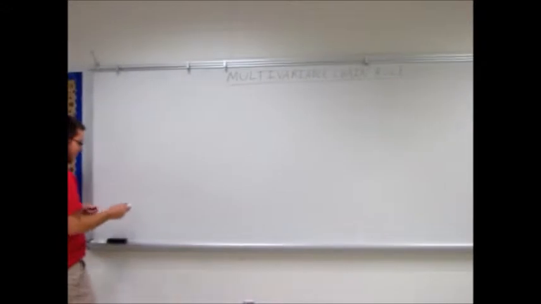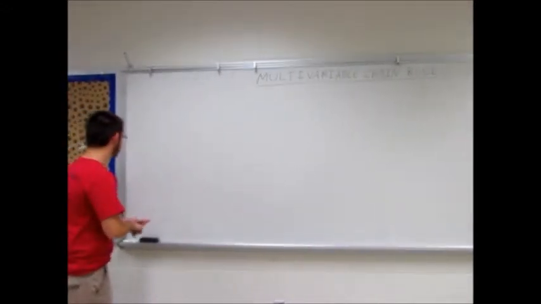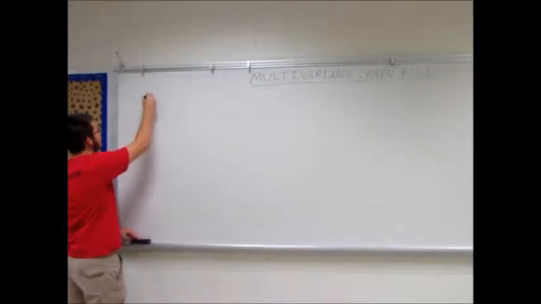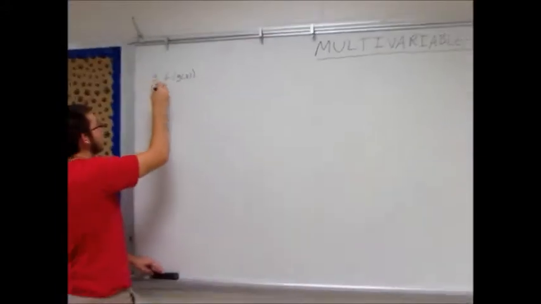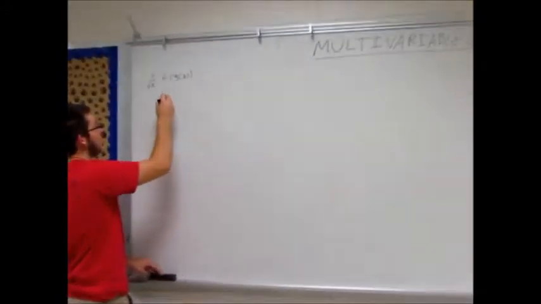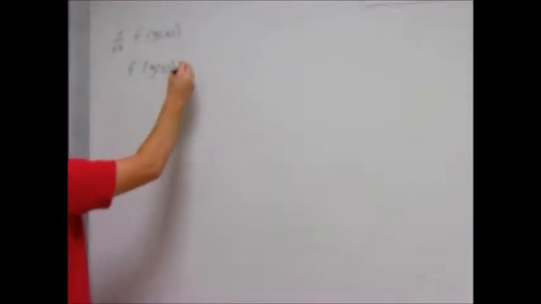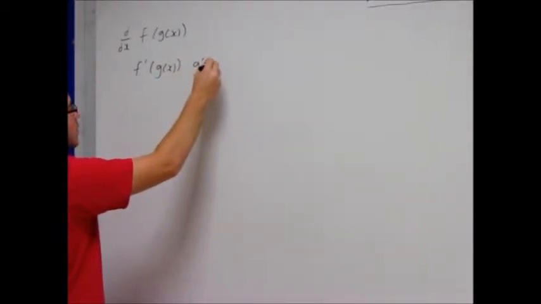If you remember from single variable calculus, the chain rule, where you have a function of a function, for example f of g of x, and you want to take the derivative with respect to x, you take the derivative of f with respect to g, then multiply by the derivative of g.